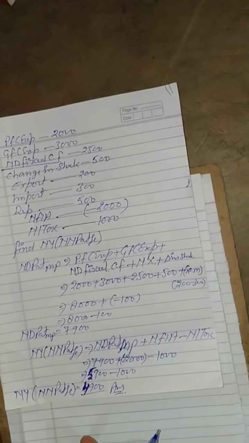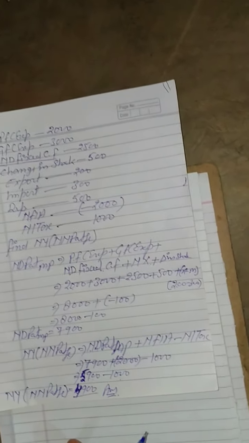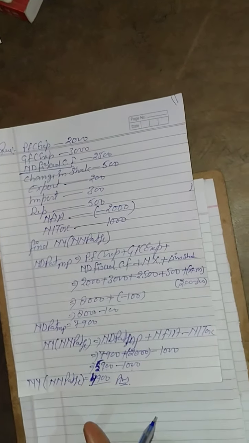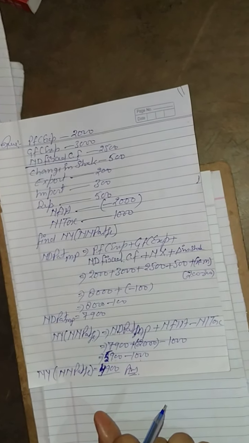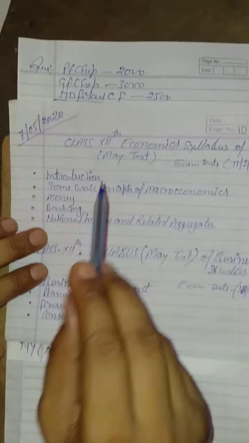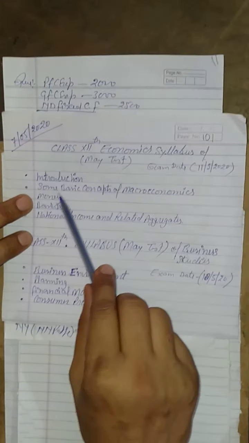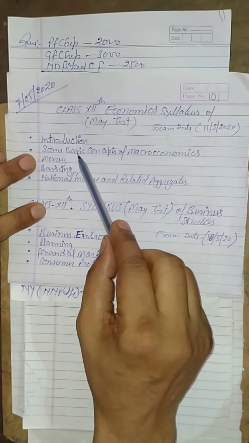Clear beta? In business studies, my test syllabus is 4 chapters. You will prepare business environment, planning, financial market and consumer protection. So dear students, today you will prepare the first chapters of economics, introduction and some basic concepts of macroeconomics. You will prepare both chapters today.